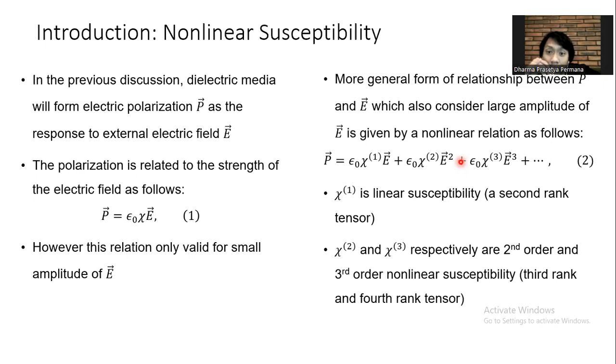For example, the chi1 is a two-dimensional matrix, so it has only two indices, i and j, and the E itself is a vector, so it has one index, let's say i. Then we do the summation, and the polarization vector will only have one index, let's say j.